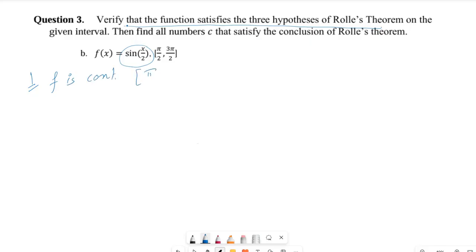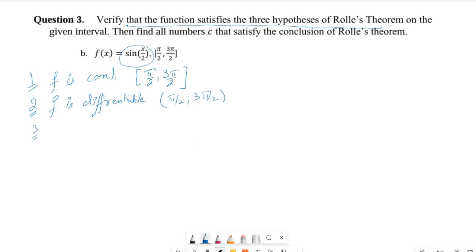Clearly, it's going to be continuous on the given interval, which is this one. Also, sine is a smooth wave without any corners from -infinity to infinity. F is differentiable everywhere. Obviously, it's going to be differentiable in the open interval pi/2 to 3pi/2.